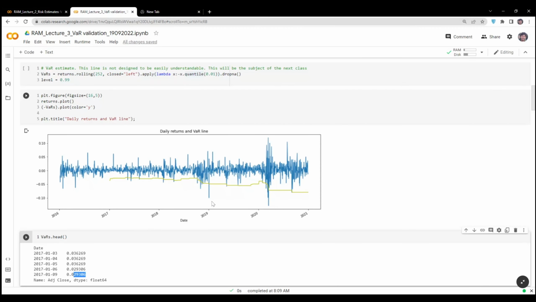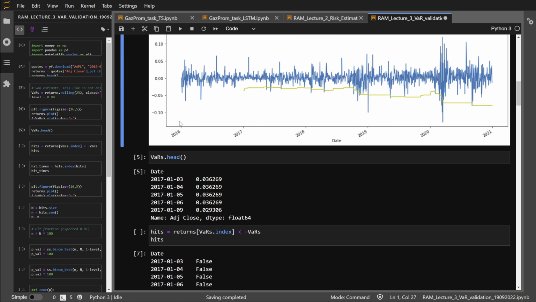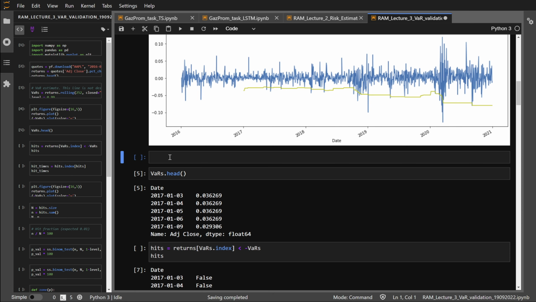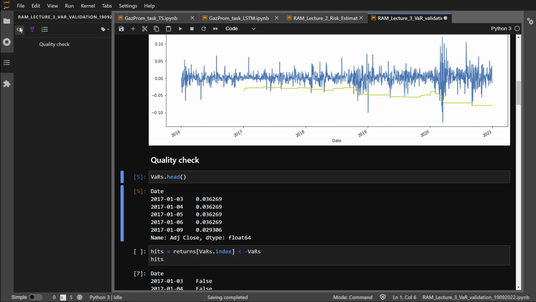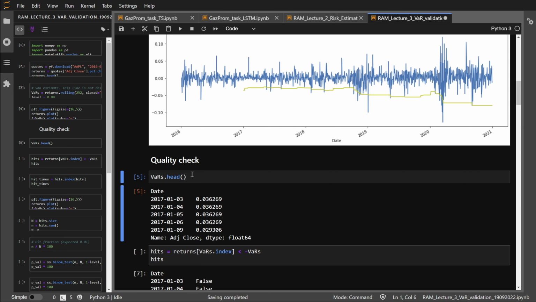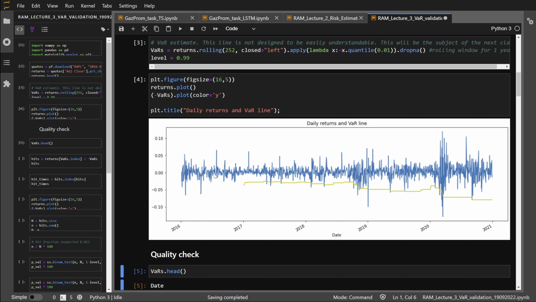All right, and this information helps me make a conclusion on the quality of those risk measures produced by this model. Because what I know from the model is that the value at risk itself is not the limit of the losses. It's just some boundary of typical losses that's specified by my confidence level. And regarding the confidence level I choose, for example, I use a 99% confidence interval.